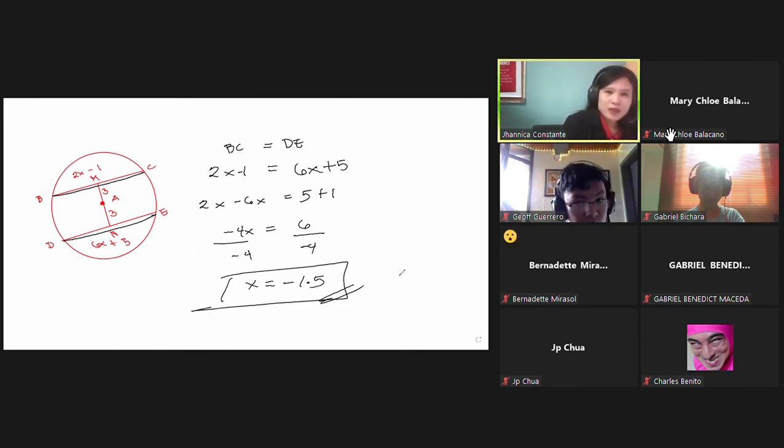So if our x is negative 1.5, what is the exact measurement of our two chords?